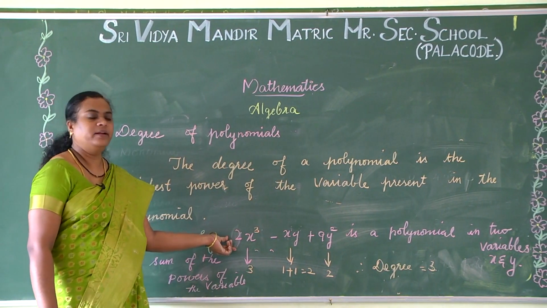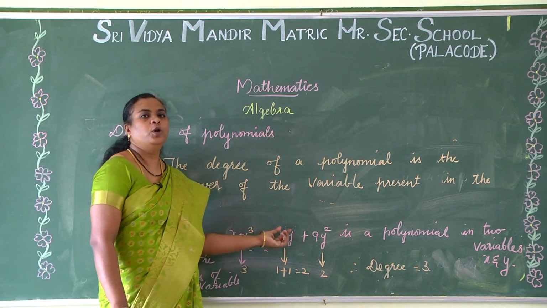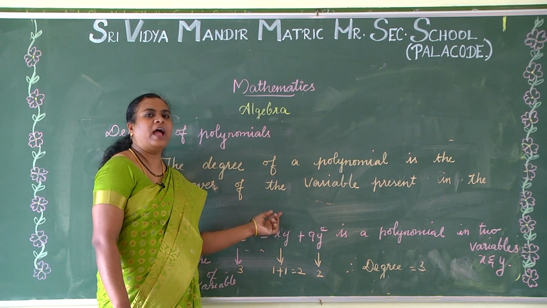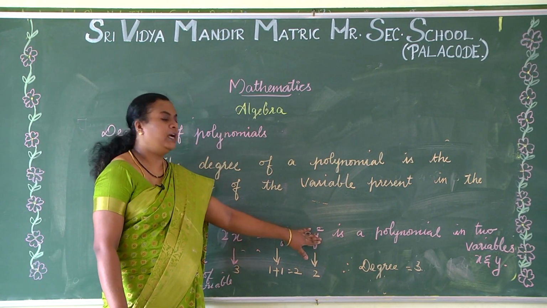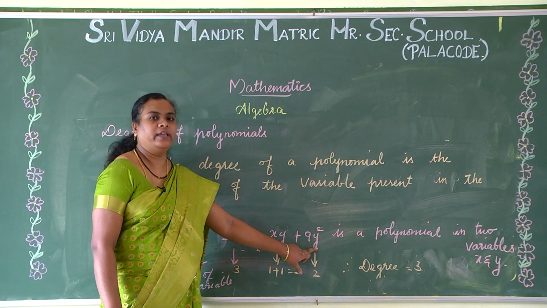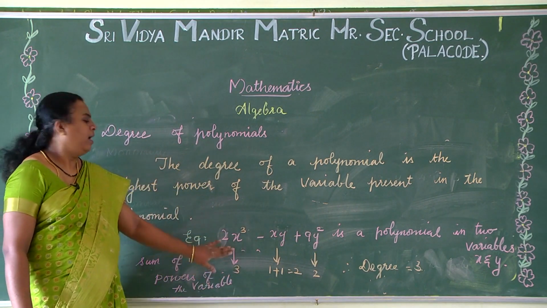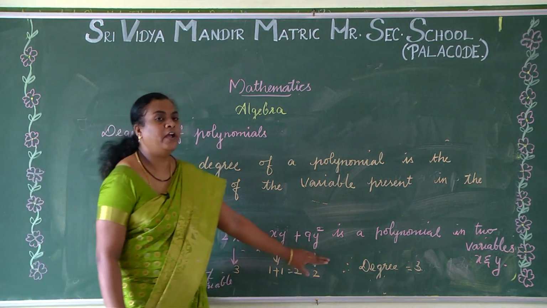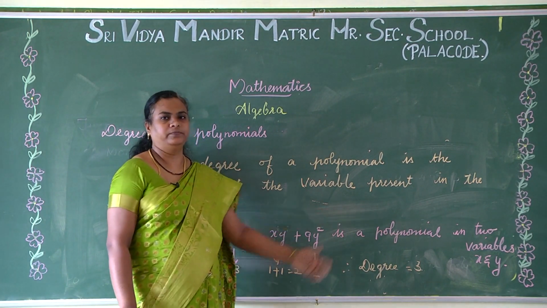In term 1, the variable is x, its power is 3. In term 2, two variables are there, x and y, so we add the powers, 1 plus 1 is equal to 2. In term 3, the variable is y, its power is 2. So in these 3 terms, the highest power is 3. Therefore, the degree of the polynomial in this algebraic expression is 3.